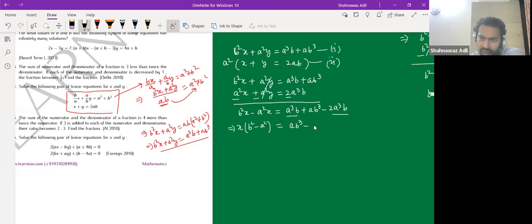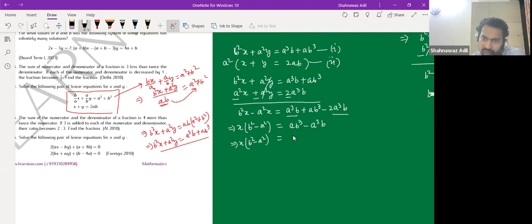Yeah. So yes, correct. So this is a cube b. Now we have this answer. So now can you tell me what is the common term in here? What is the common thing? a is the common, and what about this b?